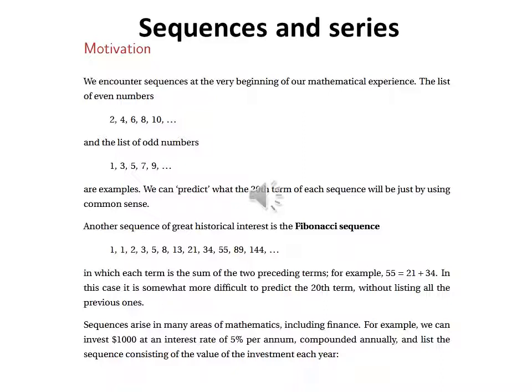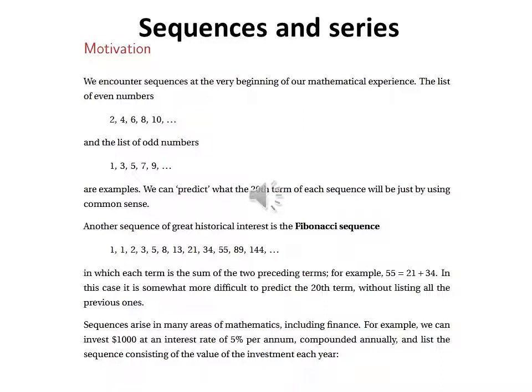As we stated, 2 plus 2 equals 4, 4 plus 2 equals 6, 6 plus 2 equals 8, 8 plus 2 equals 10. And odd numbers, 1 plus 2 equals 3, 3 plus 2 equals 5, 5 plus 2 equals 7, 7 plus 2 equals 9, and so on. In our examples, we can predict what the 10th term of each sequence will be just by using common sense.